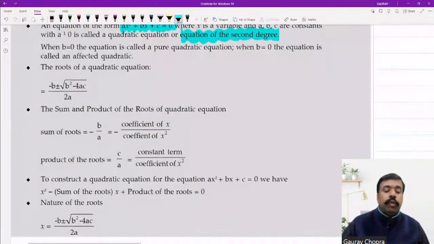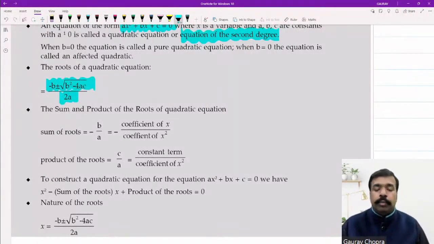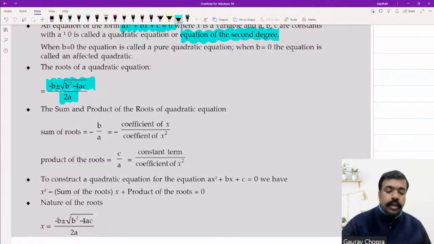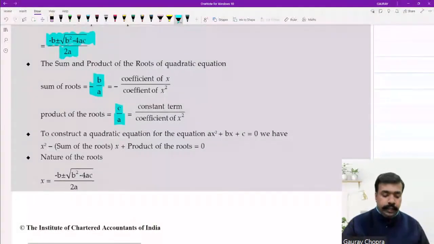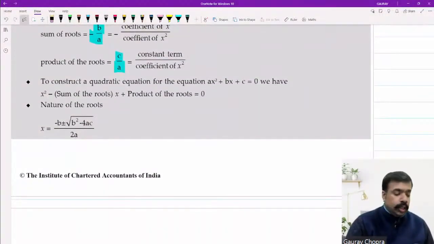Then we discussed the formula to calculate the roots of the quadratic equation, which is minus b plus minus root of b square minus 4ac upon 2a. Then we know about the sum and product of the roots. The sum is calculated as minus b by a, and the product is c upon a. So if you want to prepare the equation, what is required?